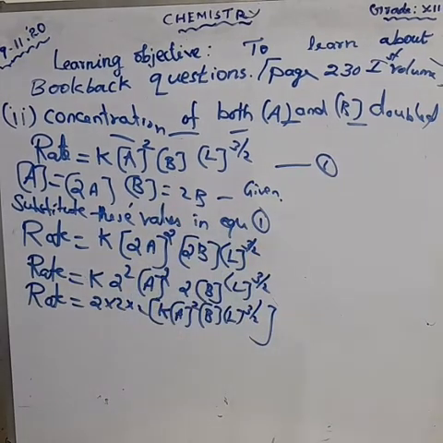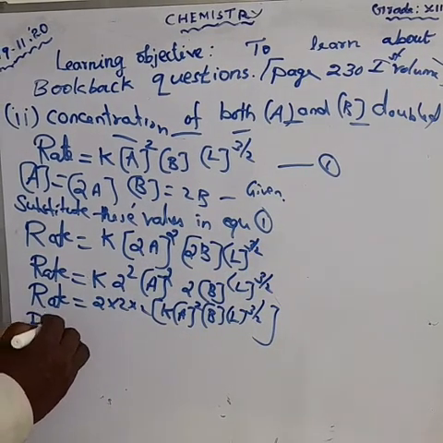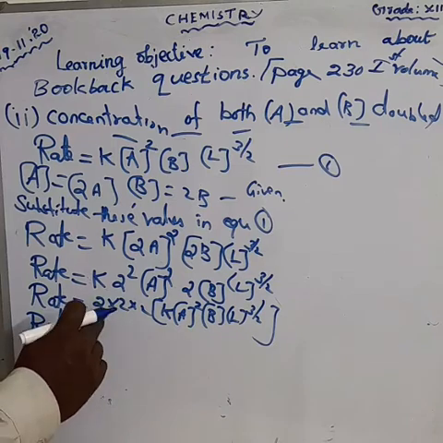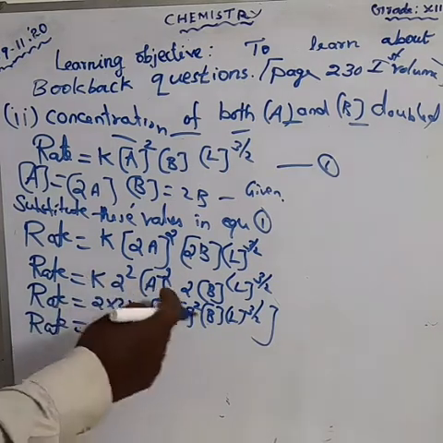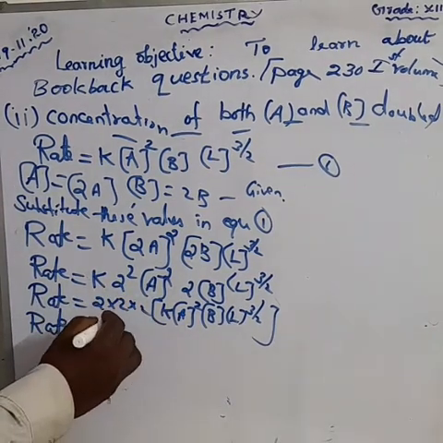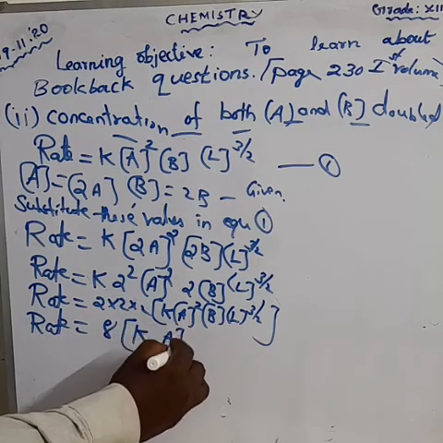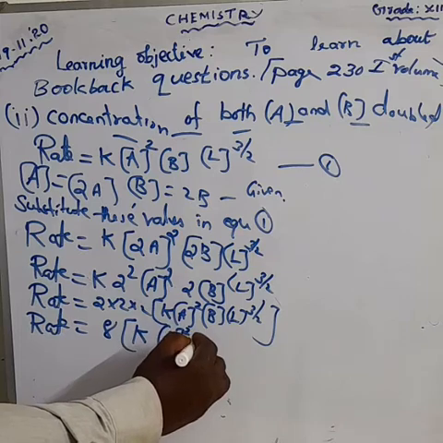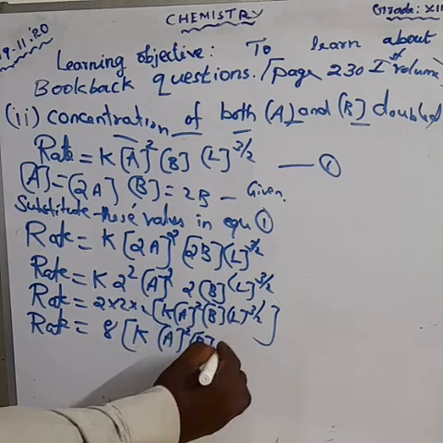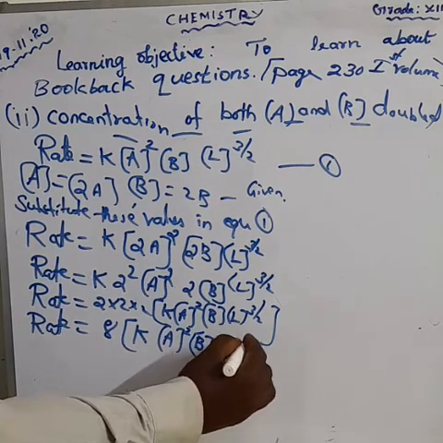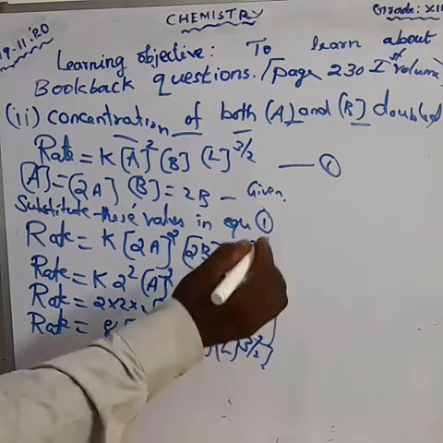Then rate, 2 into 2 is 4. 4 into 2 is equal to 8. 8 K A square B L 3 by 2.